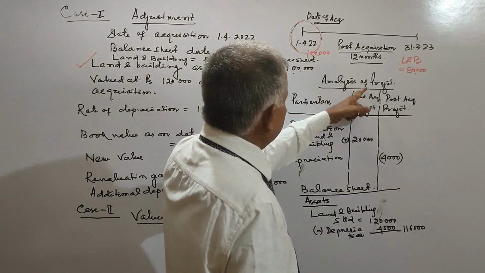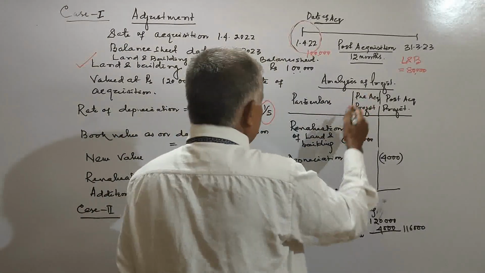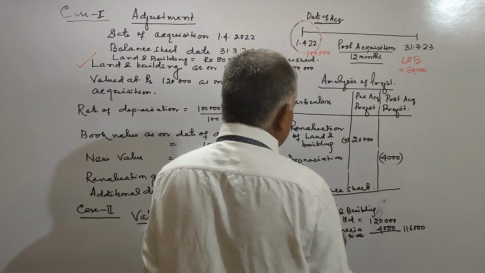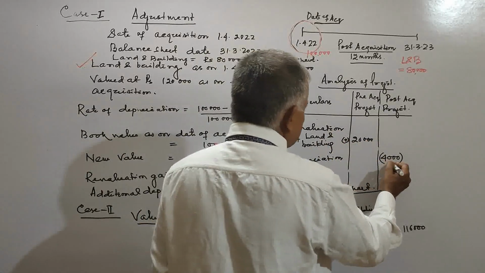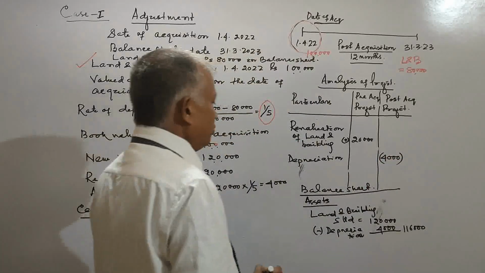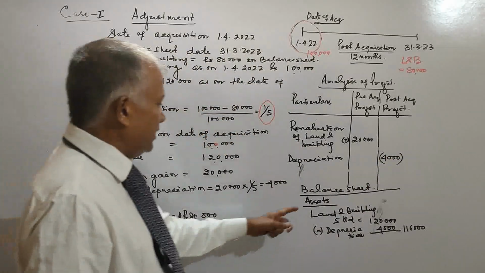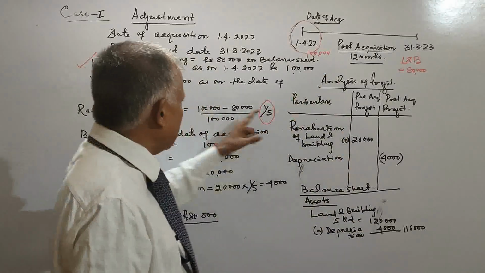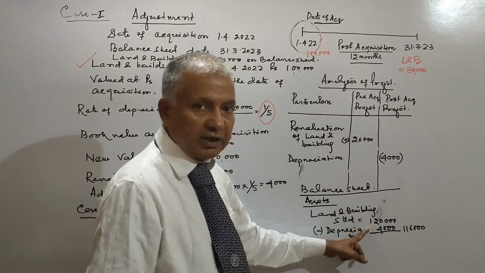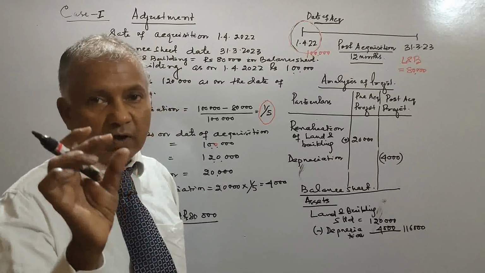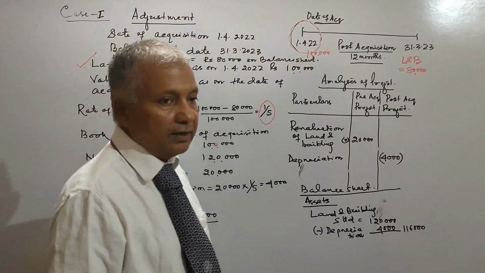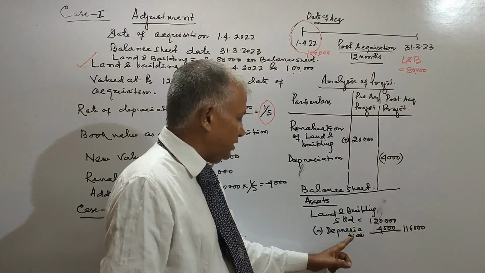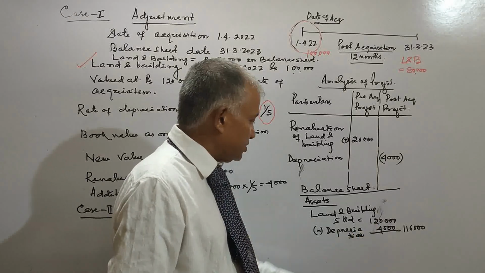Now if we prepare the analysis of profit, revaluation of land and building is 20,000, depreciation is 4,000, and in the balance sheet land and building we will write 1 lakh plus 20,000, 1,20,000. Beginning it was 1 lakh and it is revalued at 1,20,000, less depreciation.